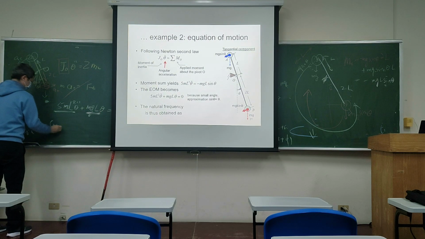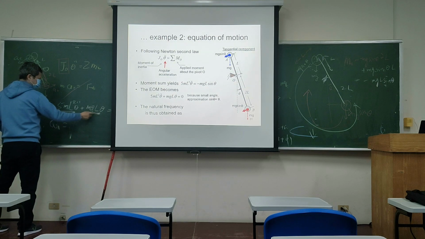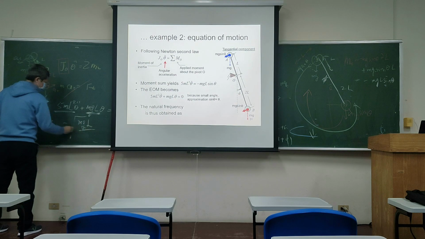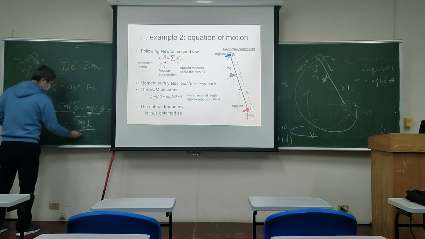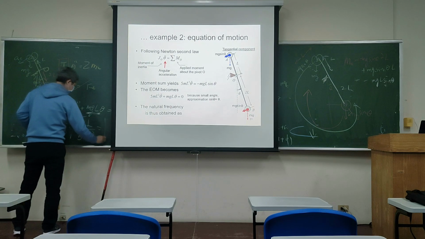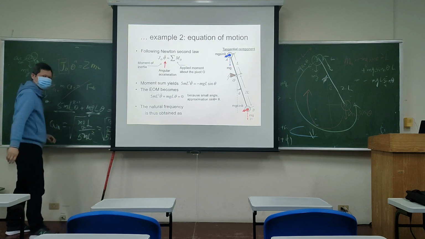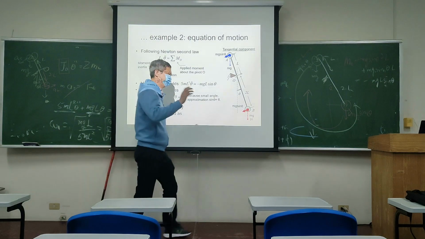Your natural frequency can be simply written as the coefficient for the zero order derivative divided by the coefficient of the second order derivative. In this way, you can find your natural frequency to be g over 5L. Previously, we learned about the simple pendulum.